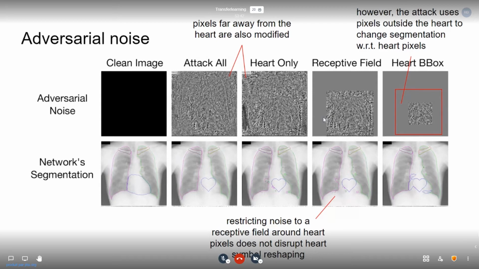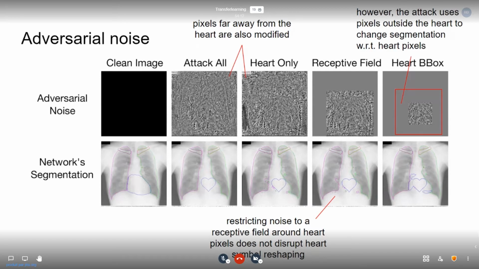And if we zero the noise which is further away from the heart than half of the receptive field, then the heart shaping is not really disrupted, which is how it should be. However, we also tried to zero the noise that's outside the box that encloses the heart, and that does disrupt the heart segmentation.